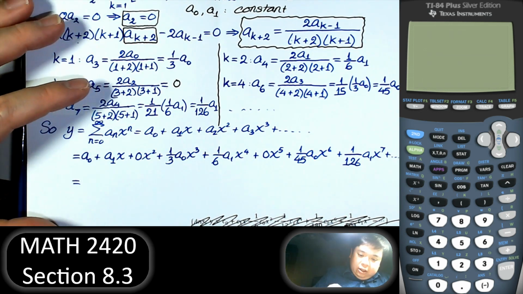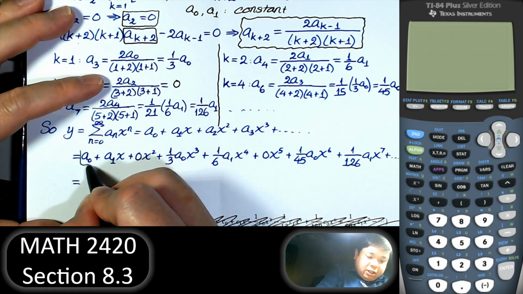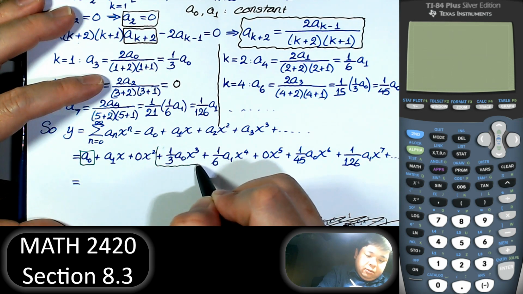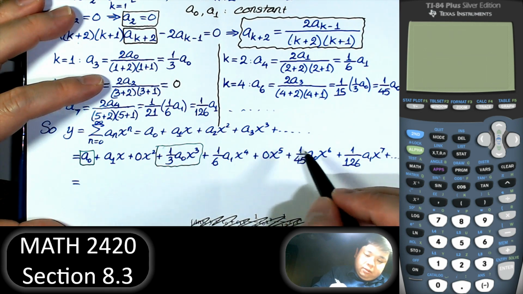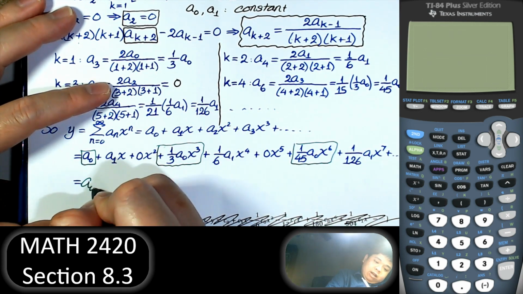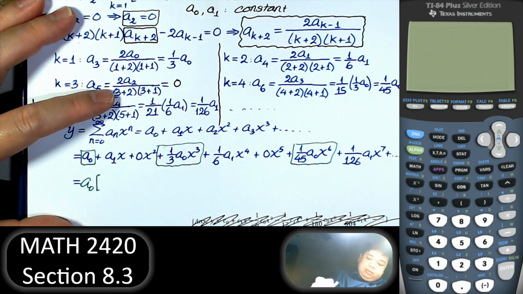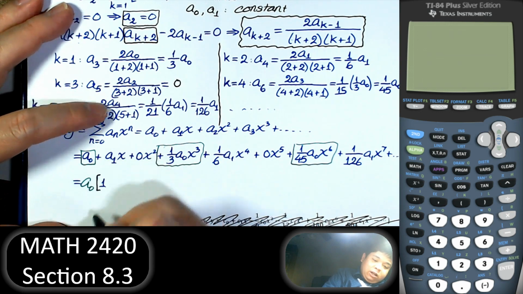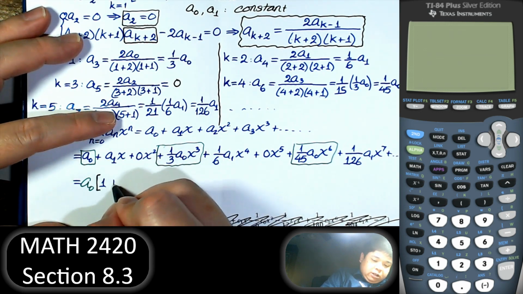Now let's group all the x0 terms. Factor out a0. We have 1 and 1/3 x cubed.